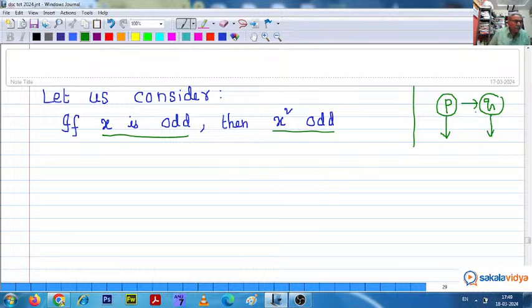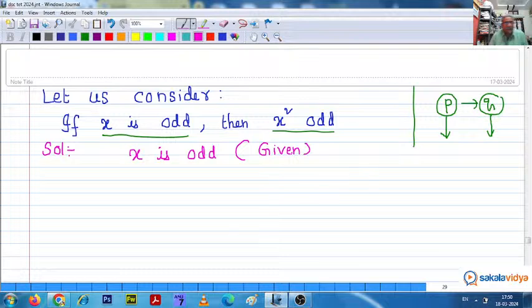Let us prove it now; that is called direct proof. Solution: first write down what is given, x is odd. This is the given data.